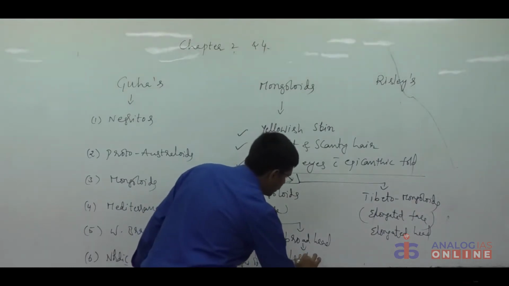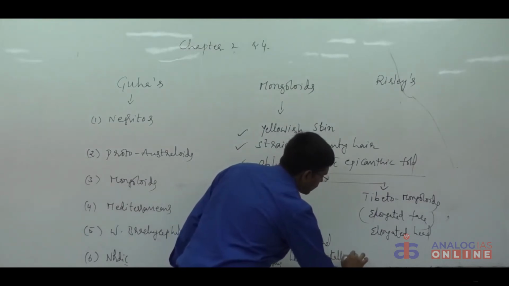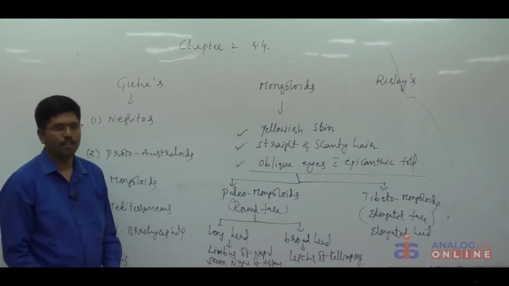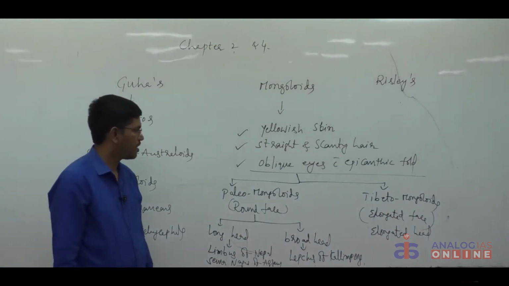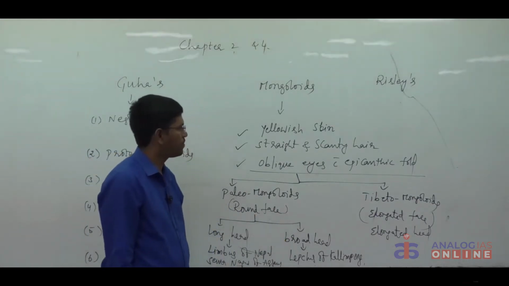They are Lepchas of Kalimpong. Even in Bangladesh also we can come across this element, especially in the Chittagong Hills. The tribal people of the Chittagong Hills are the representatives of broad-headed Paleo-Mongoloids.